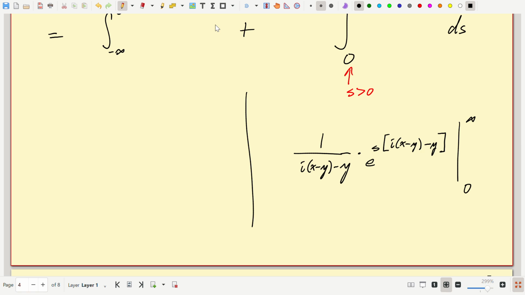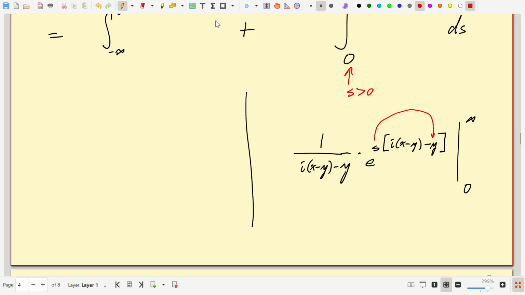Yeah, e to the s is 0, that would be just a 1 when s is 0. And when s goes to infinity, the important thing is that s is going to infinity, and I've got minus y.